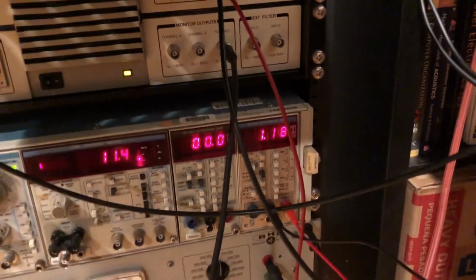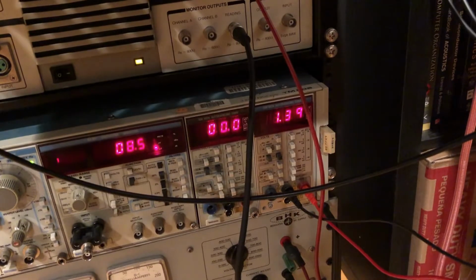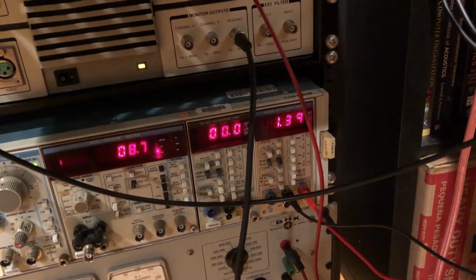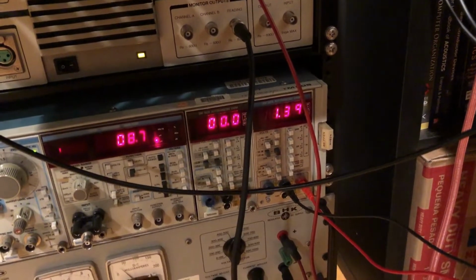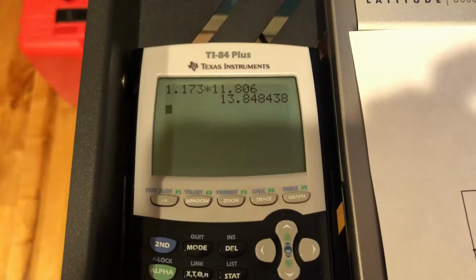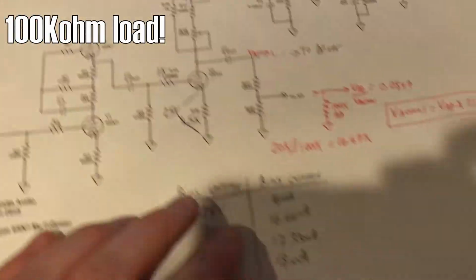Now watch what happens if I disconnect the audio precision as a load. We get 1.39 volts. 1.39 volts times 10 should be 13.9 volts. 13.84 is what we calculated. So the AP is indeed presenting approximately a 10 megaohm load.